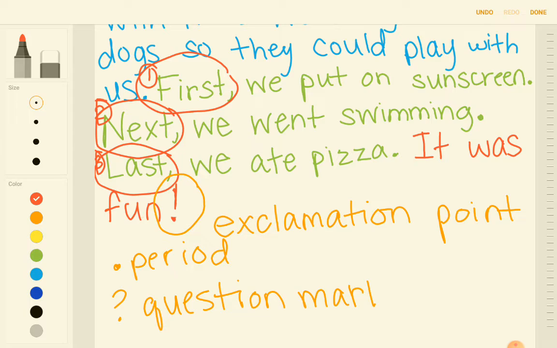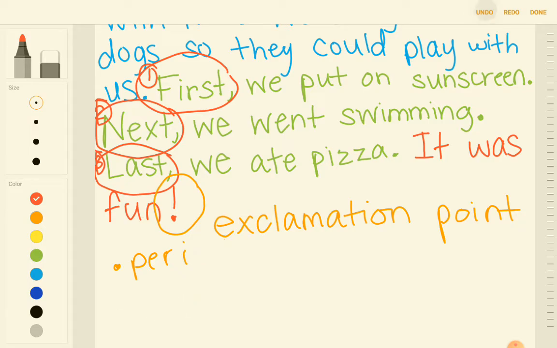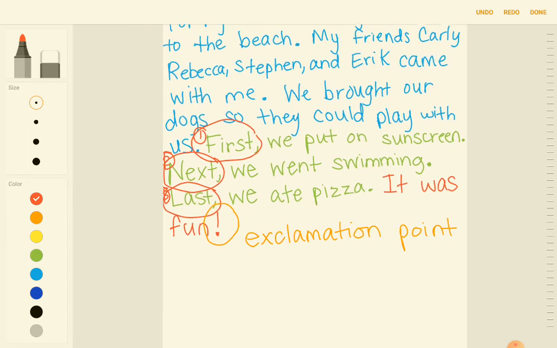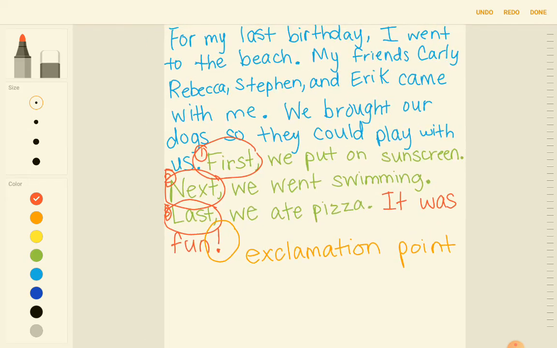They're exclaiming because it was a really good time. So I need to make sure that I use an exclamation point if I want to show the reader how exciting or how fun something was. So that's why I have that exclamation point there. If you had a really good time, you could also put an exclamation point in your writing.